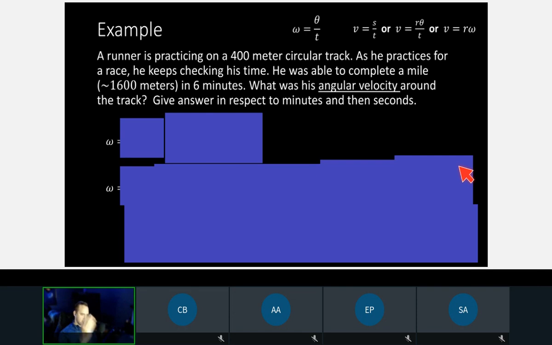Caitlin says it's 4 times 2 pi, and she is correct. Remember, one revolution is 2 pi. We ran around 4 times, so 4 times 2 pi is 8 pi. So he traveled 8 pi. Angle theta is 8 pi. That's correct.